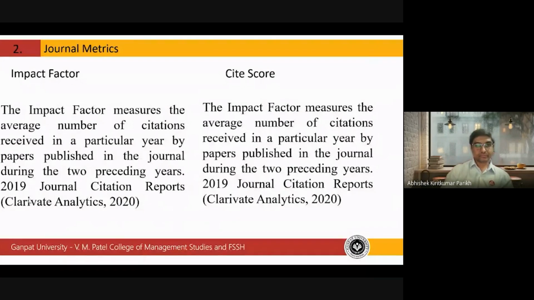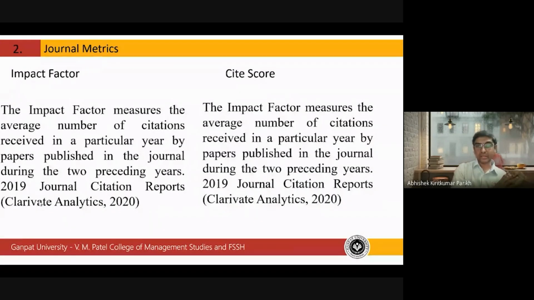Now, initially, the impact factor was defined by Clarivate Analytics in 2020, and they are generally measuring the impact factor and CiteScore. Both are basically considered to be the impact of the particular journal only. The difference is that in the impact factor, the average number of citations received in a particular year by the papers published in the journal during the last 2 preceding years is calculated.